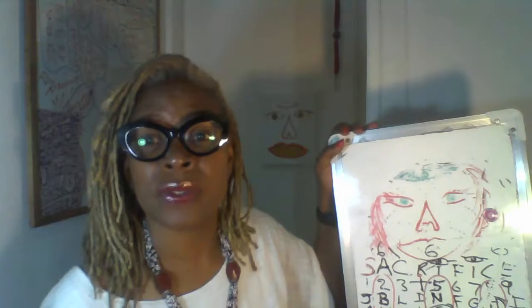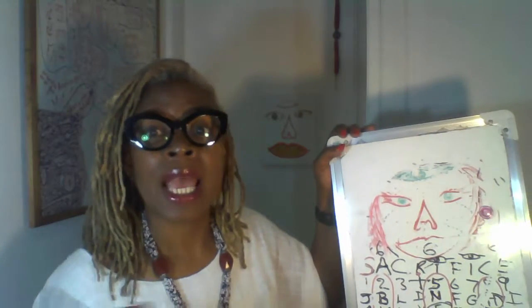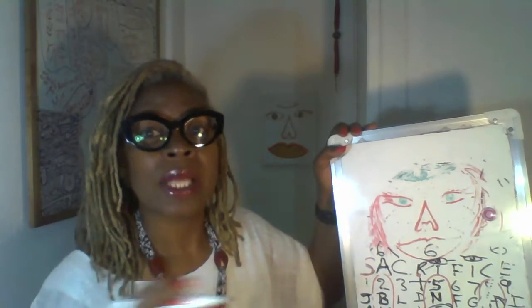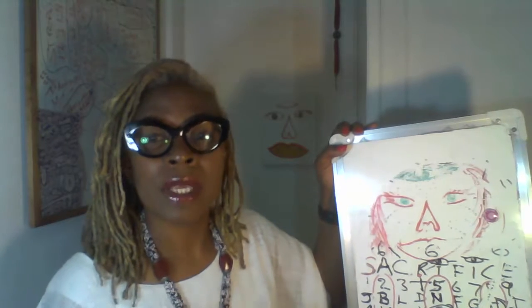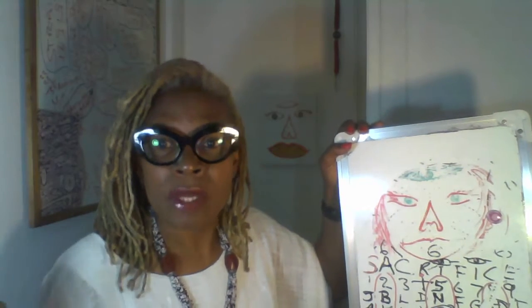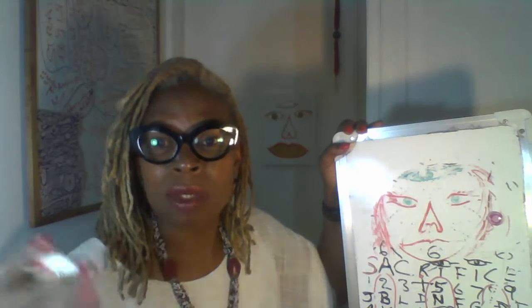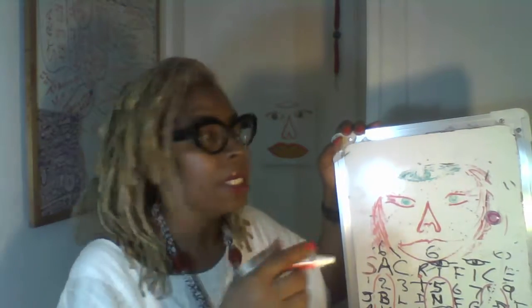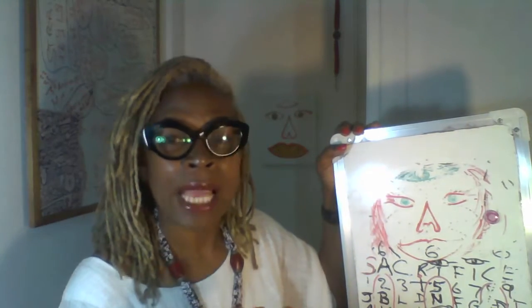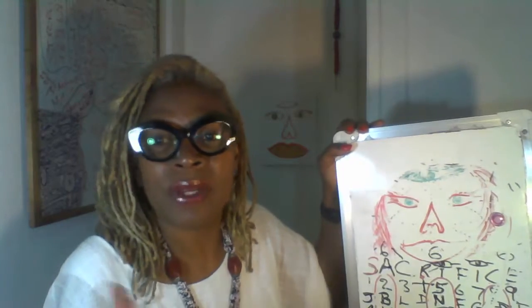Now, of course, Taurus is an earth sign. Taurus is the bull. Taurus is, it is said, the zodiac sign that really controls the earth, if you like.